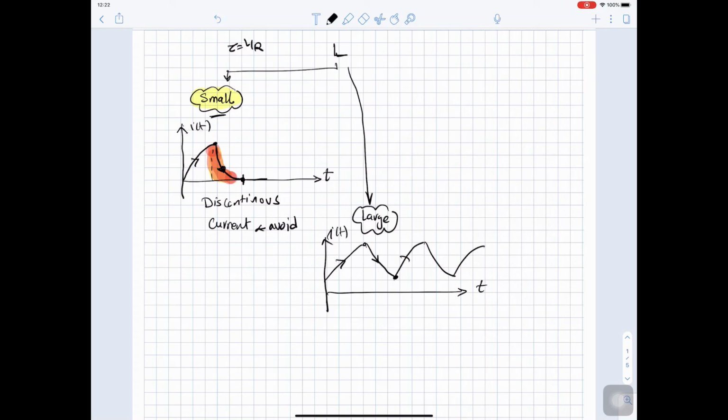We are assuming that the energy in the inductor is enough to keep supplying the circuit until you charge again. So you will never go to zero here. And we call this case the continuous case, or the continuous current.